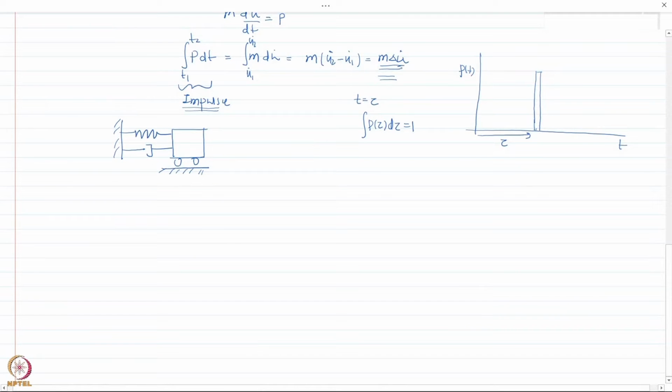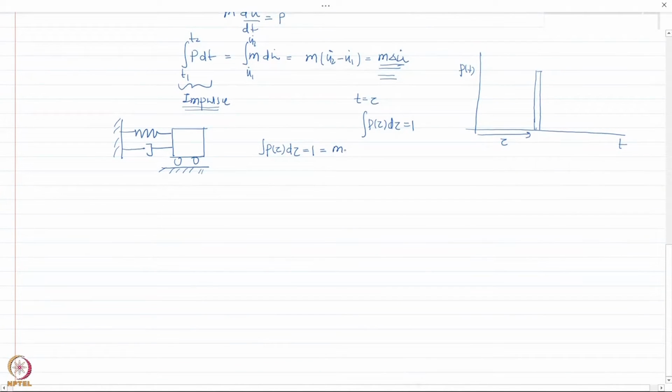So let us say this unit impulse p(tau) times d tau is equal to 1, and if initially I'm assuming that the system was at rest, the momentum after the impulse would be equal to m times u dot of tau. I'm assuming that there was no initial velocity, so that tells me that u dot of tau is equal to 1 divided by m.